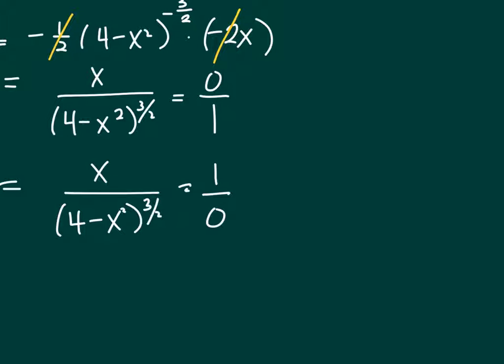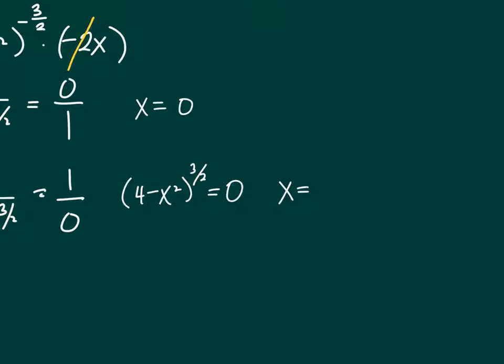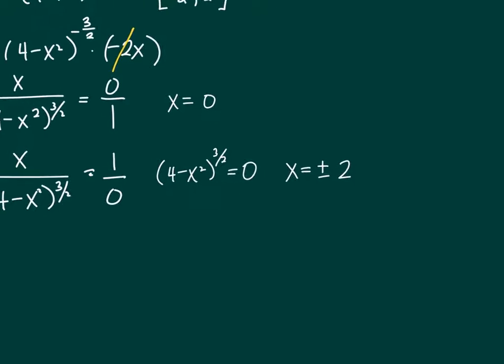The first time when I cross multiply, I get x equals 0. So there's my first critical point. The second time when I cross multiply, I get 4 minus x squared to the 3 halves equals 0, which gives me the values of plus and minus 2, which I actually already had as endpoints.